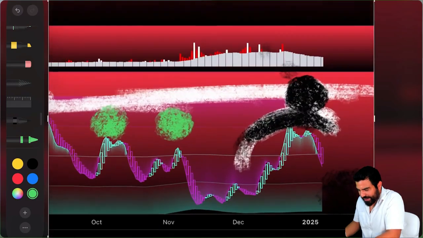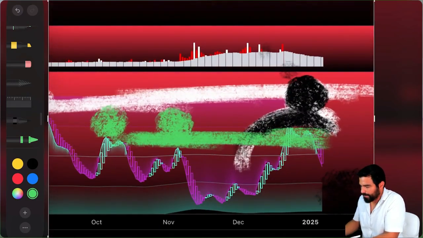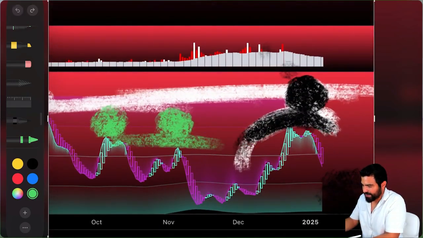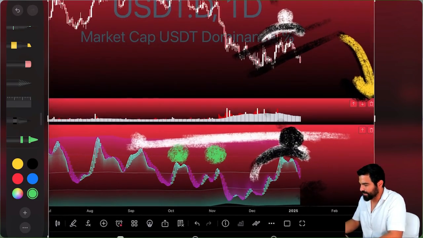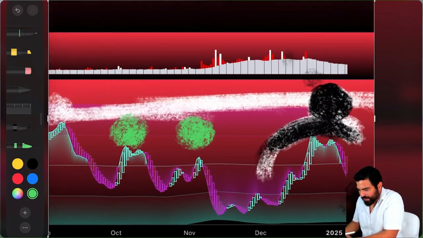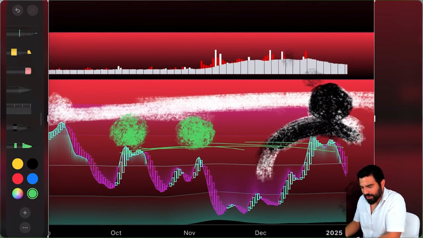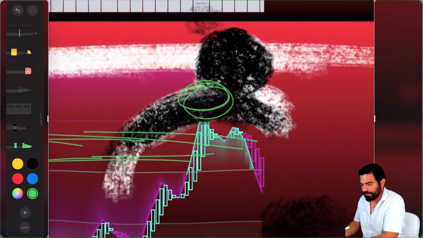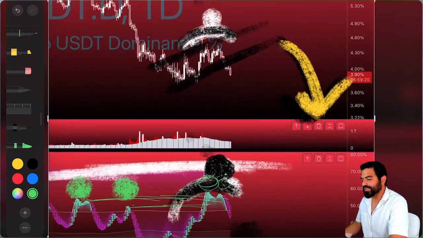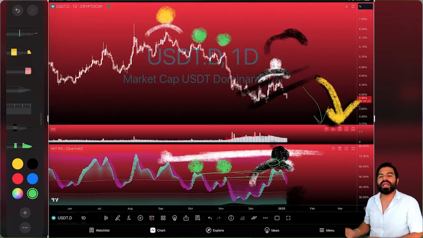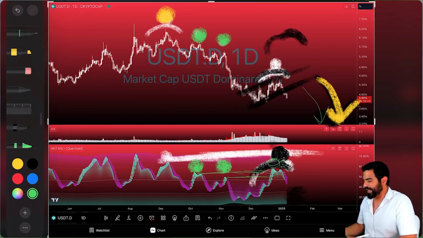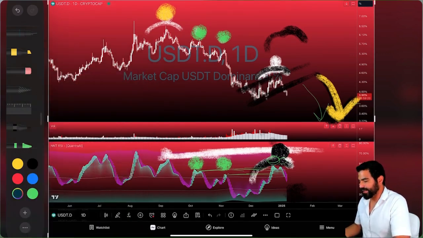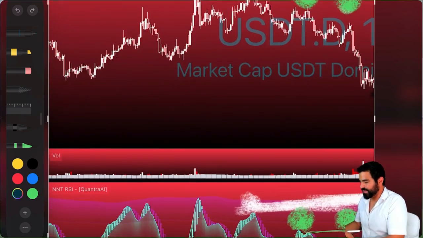If I look at these areas, I'm actually higher. Let me see if I can shrink my pencil so you guys can get a better look. If these are the peaks and I'm already going higher, this is a peak and I'm already going higher, that tells me the pullback momentum is for the downside. So more likely, if I get weakness, I'm more likely to go down. So that's one way I can measure. I can say that RSI indicates we're going to continue to be bullish.